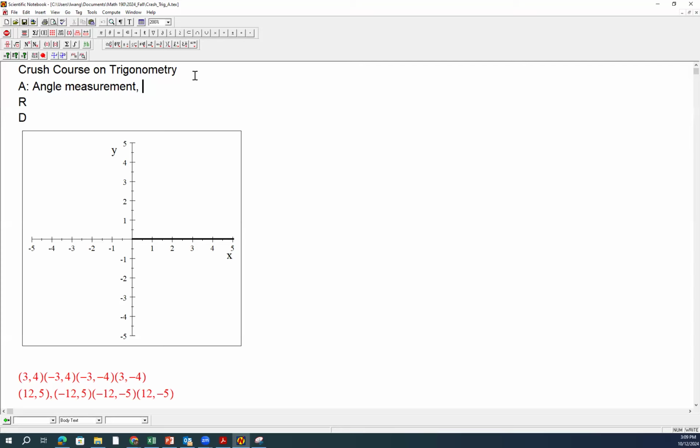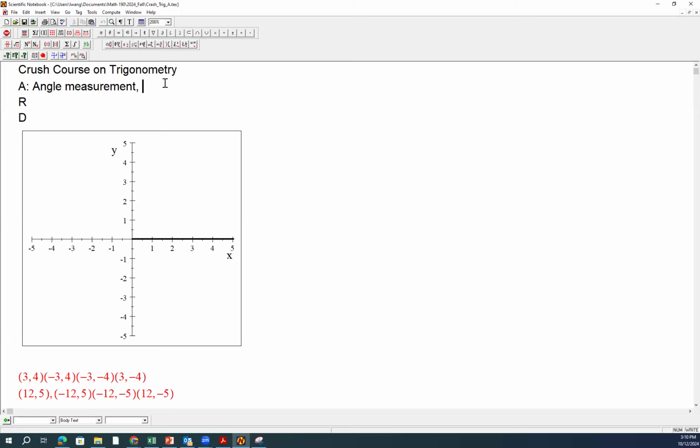For those of you who have taken trigonometry at the beginning, you might feel, I like the degrees better. But by the time you are in calculus, we expect everyone to use radians. We're going to talk about that a little bit more. But for the moment, we just know how angles are measured, regardless it is degree or radian. So A is about angle measurement.